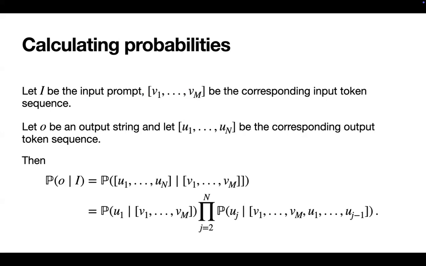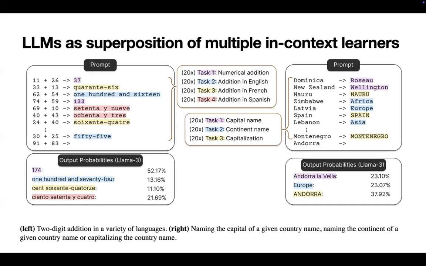Basically, given the input, what is the probability of the first output, times, given the input with the first output, what is the probability of the next output, and so on. We calculate that as a product, and that's how we get these probabilities.